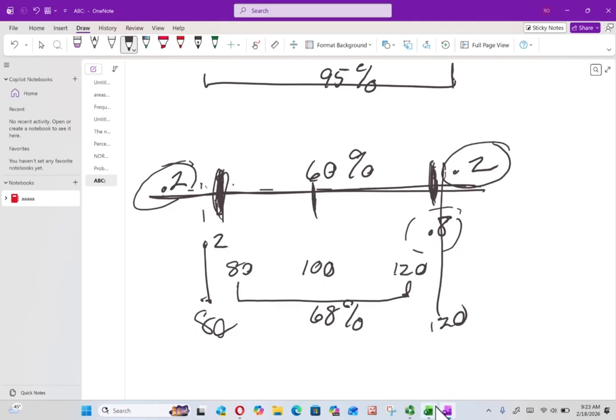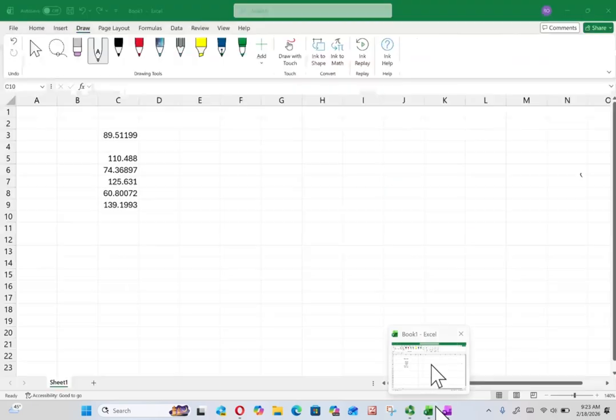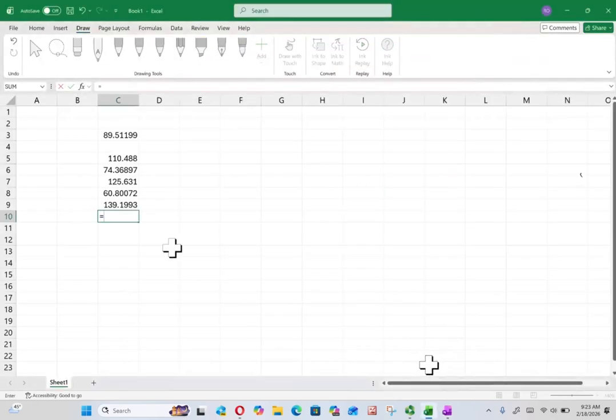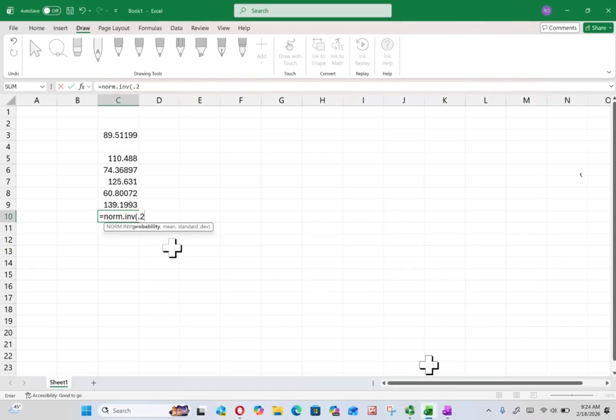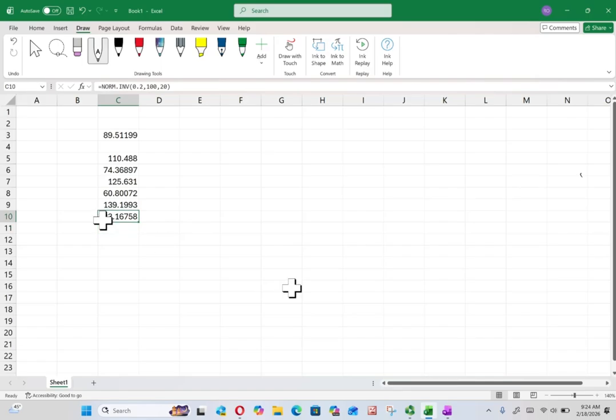And I said this one's bigger than 80. Why not? 20% to the left equals NORM.INV 0.2 to the left, 100, 20, and it's 83.2, which is a little bigger than 80.